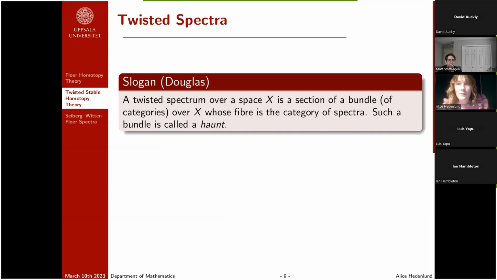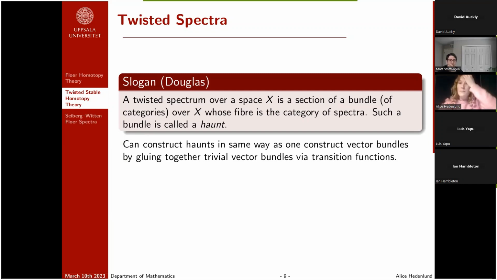I should also mention that these twisted spectra are basically just modules over these special spectra called Thom spectra. But yes, there are different ways of making sense of this. Morally, a twisted spectrum is just a section of a bundle whose fiber is the category of spectra.